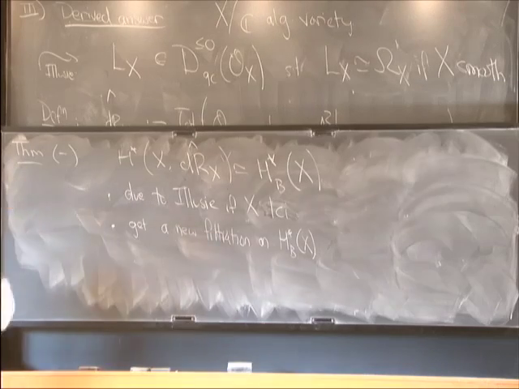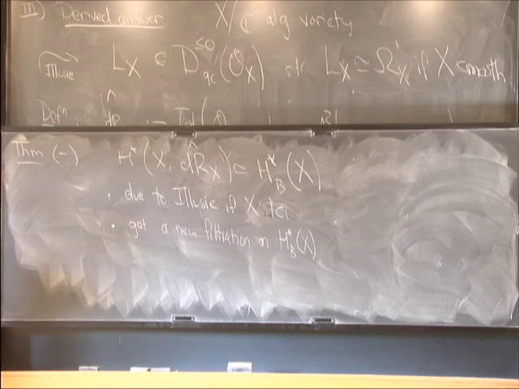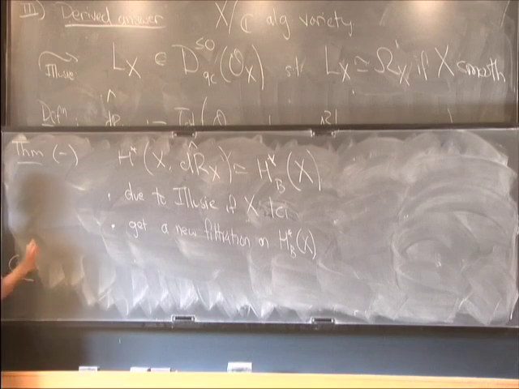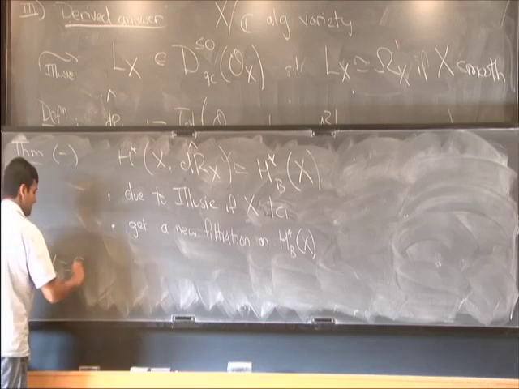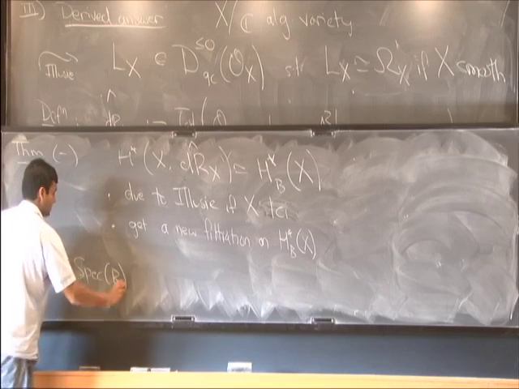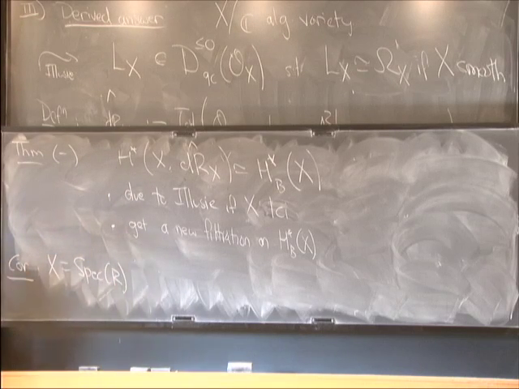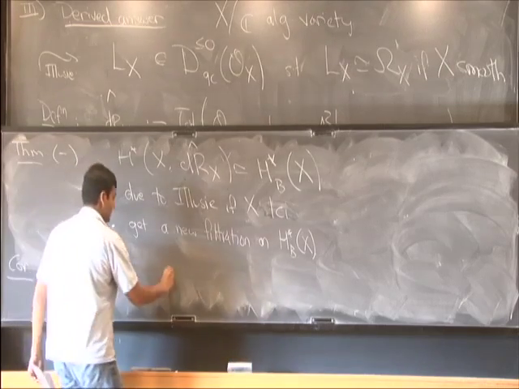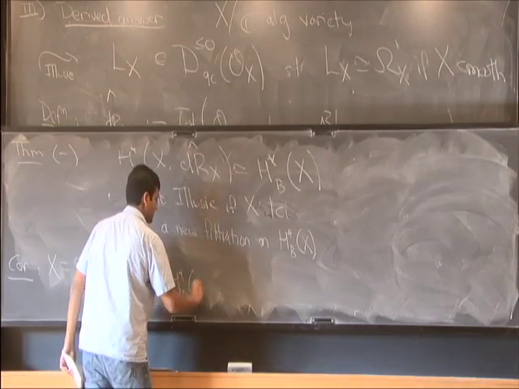If this stuff sounds kind of abstract, I want to just mention one corollary, which has nothing to do with derived schemes on the nose, and it's the following. So I'll say it in the affine case. So let's say X is Spec R, R is a finite type C-algebra. And then Betti cohomology is computed by the following explicit complex.